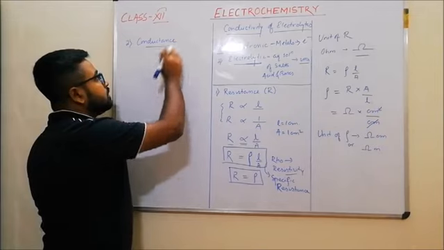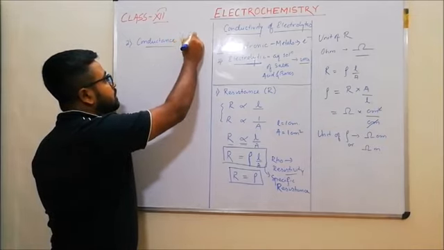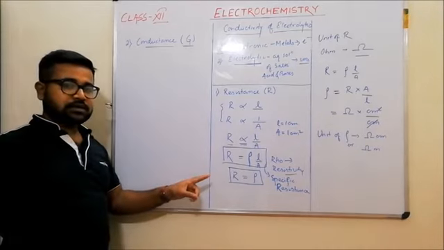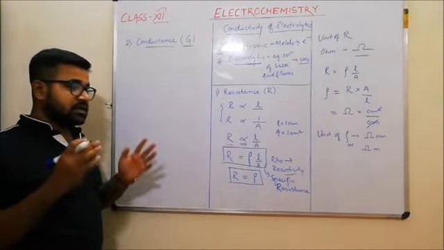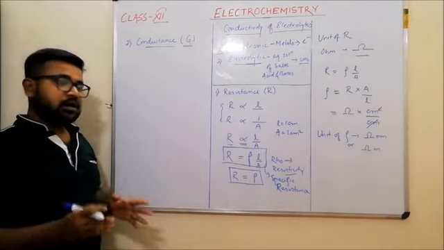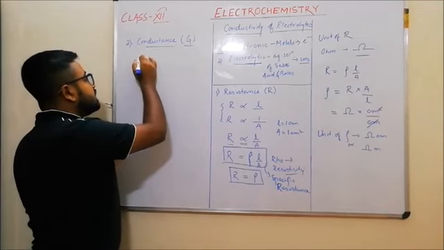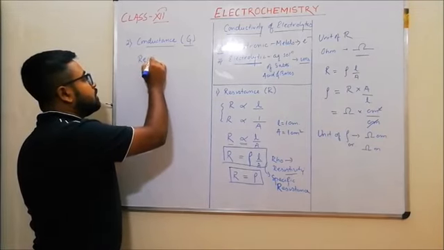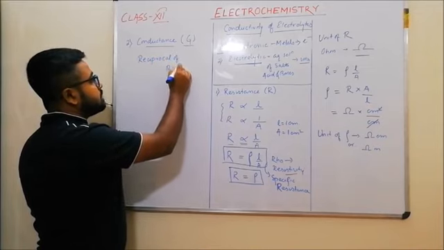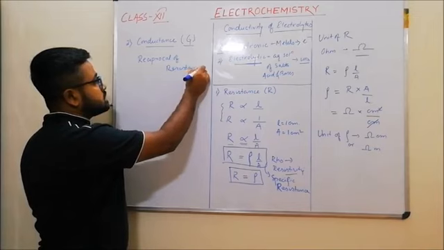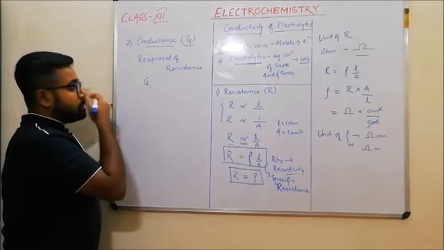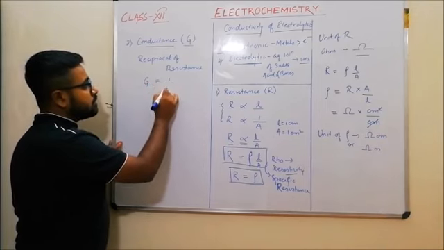Conductance is generally denoted by capital G, and it is the reciprocal of resistance. This means if resistance is high, conductance is low. If resistance is low, conductance is high. Therefore we can say it is the reciprocal of resistance. Clear? So we can say that G is the reciprocal of resistance.